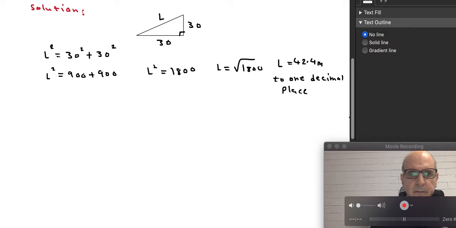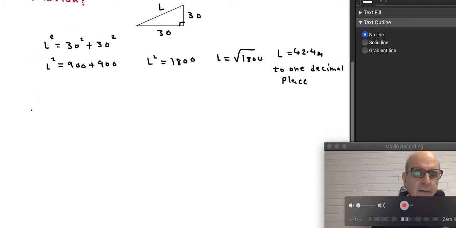That was example 1. Now we look at another example.